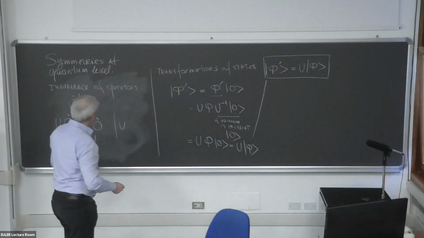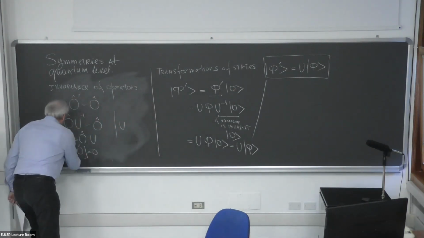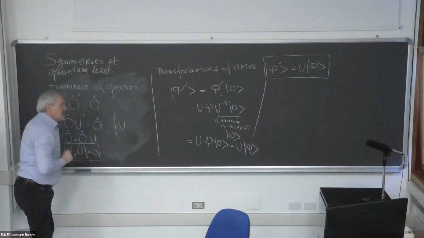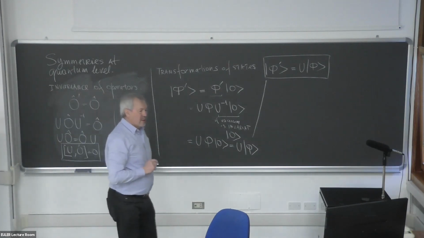So invariance of an operator is expressed as commutation of the operator with the operator of transformation.